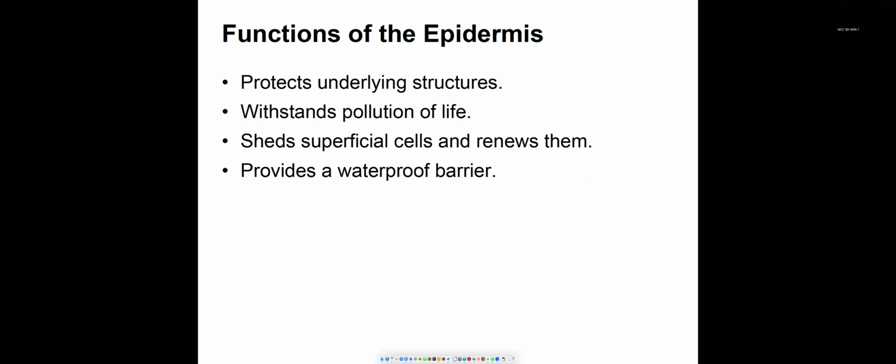Functions of the epidermis. So now we're going to go into different layers of the skin and their respective functions. The epidermis provides a waterproof barrier and protects the underlying tissue. Its outermost cells are continuously shedding and being replaced because it's exposed to all these environmental hazards.